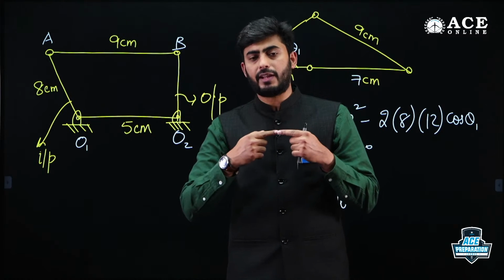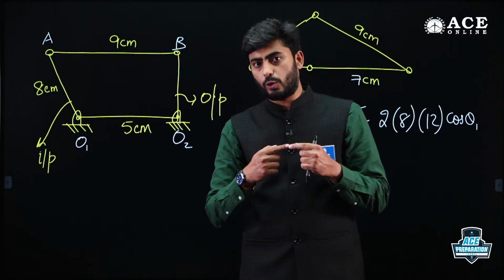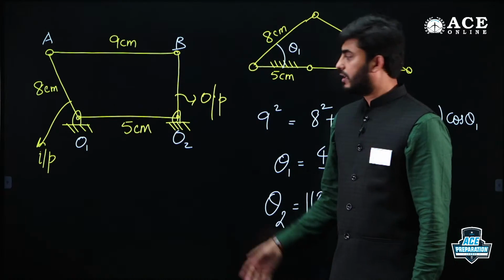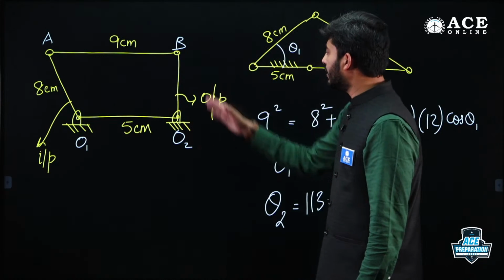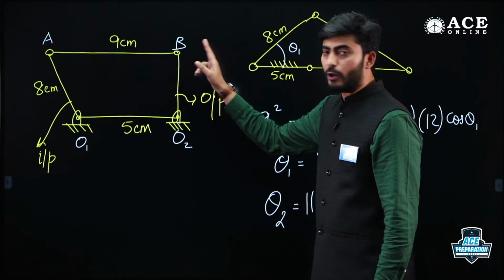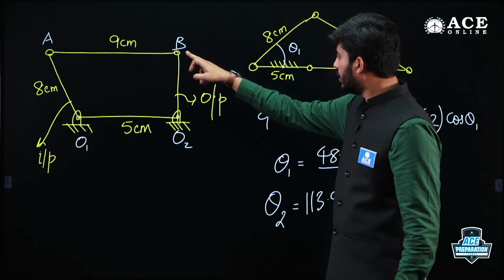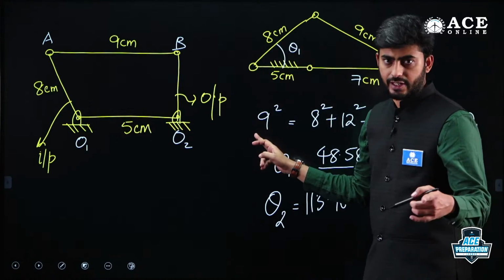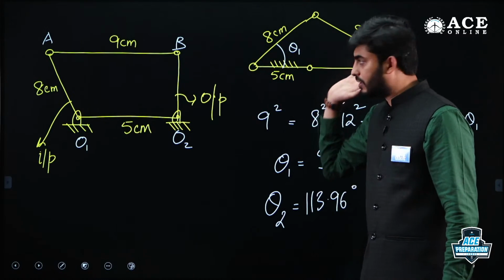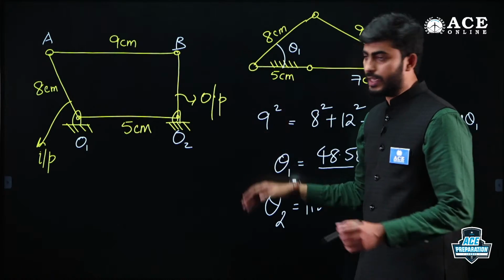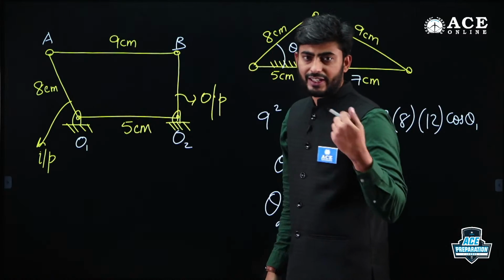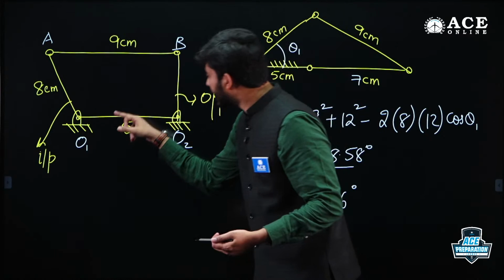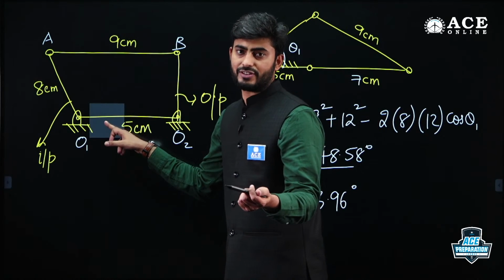Whereas in a double crank mechanism, you can directly understand that point B, when it is in the extreme position, will be horizontal, collinear with the fixed link pointing towards the right-hand side, and in the extreme backward position, or during the return stroke, it will be pointing towards the left side.